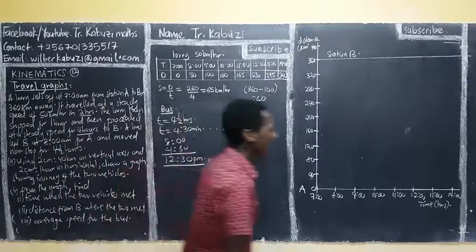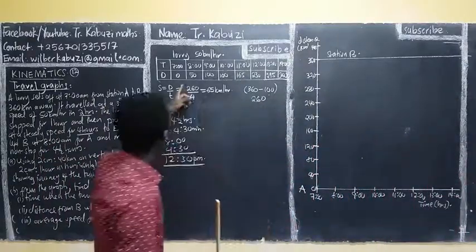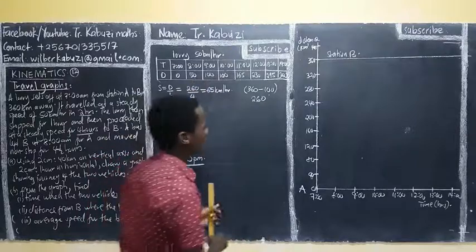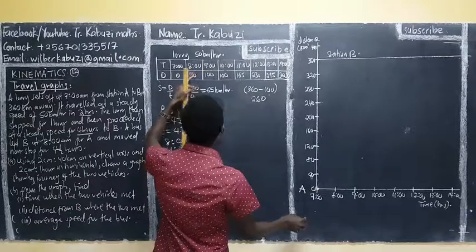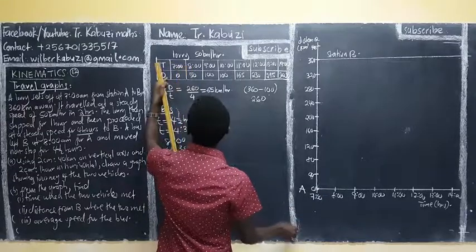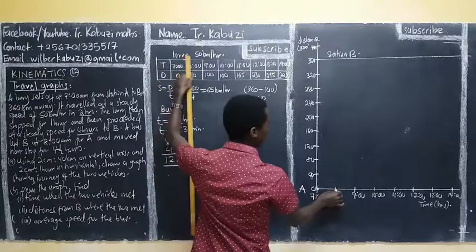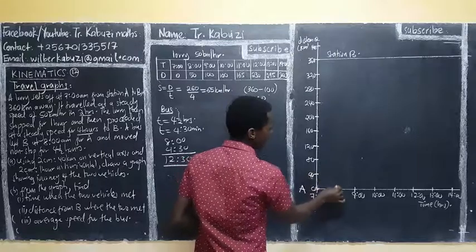So now we come to the graph. If I start with the lorry, notice at 7 it was 0. Then at 8, it had covered 50. So 50 is somewhere here.